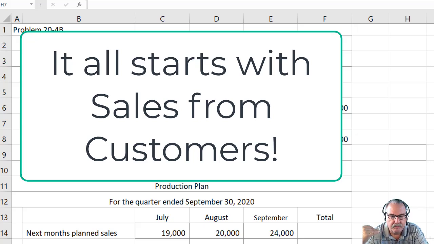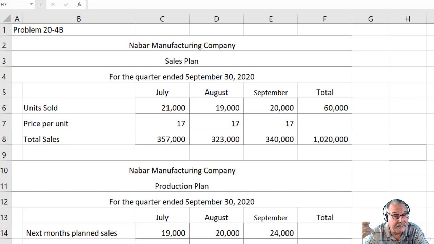And then below gross profit, we'll look at selling expenses, administrative expenses, interest expense, and then we will build a cash plan or budget, and then a set of financial statements: income statement, statement of equity, and a balance sheet.